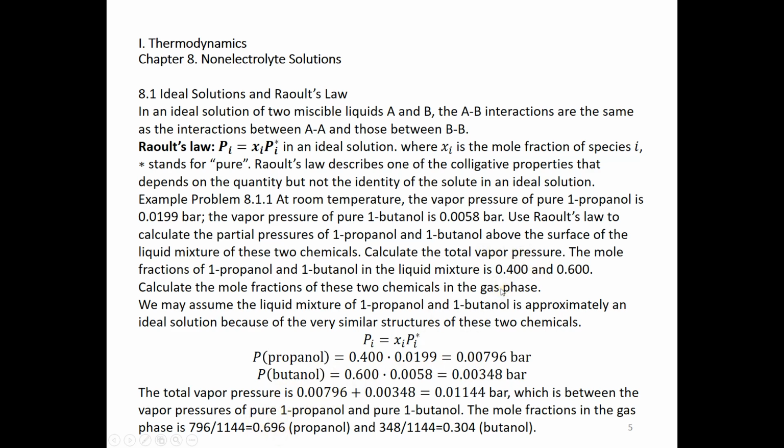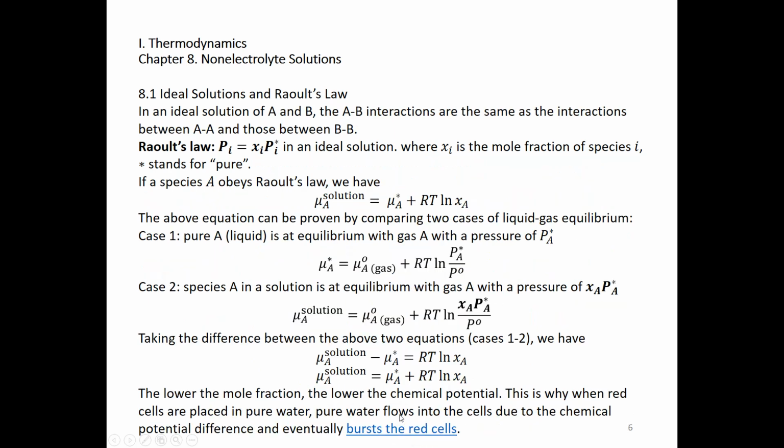Well, propanol has a larger vapor pressure. It's easier to evaporate propanol, and that's why the ratio of the partial pressure of propanol to butanol in the gas phase is greater than the ratio between these two chemicals in the liquid phase.